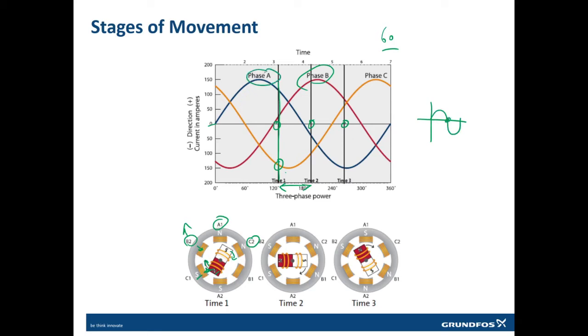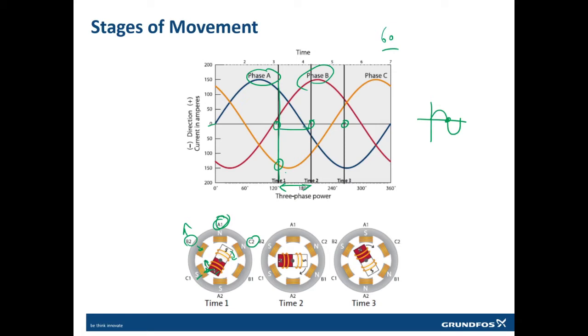Phase A, which is this A1, is having north at the peak, and phase C is also having one north and one south at the peak. That means A1 has one north and one south, and C1, which is this phase C, has one north and one south at a peak.